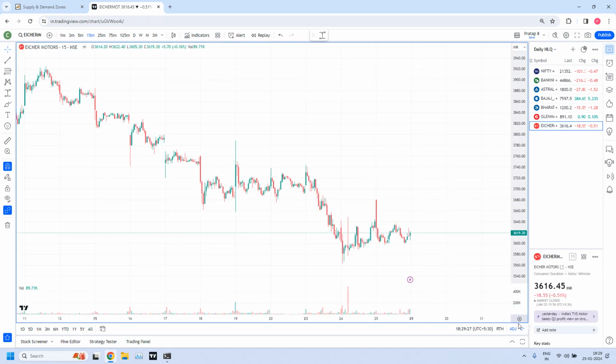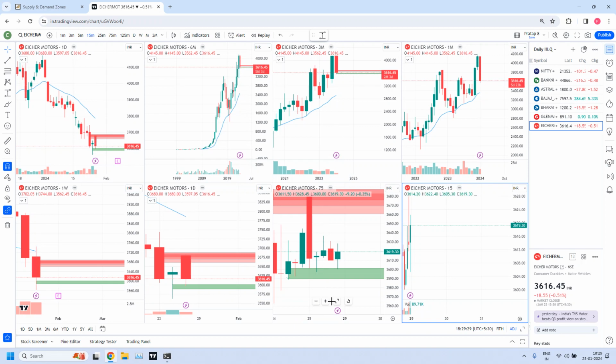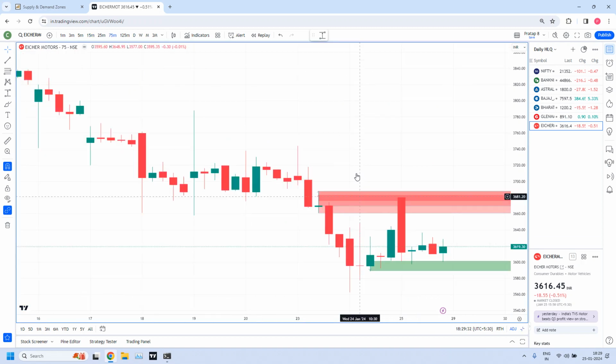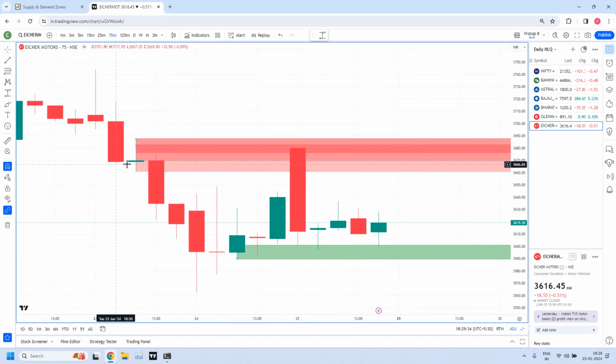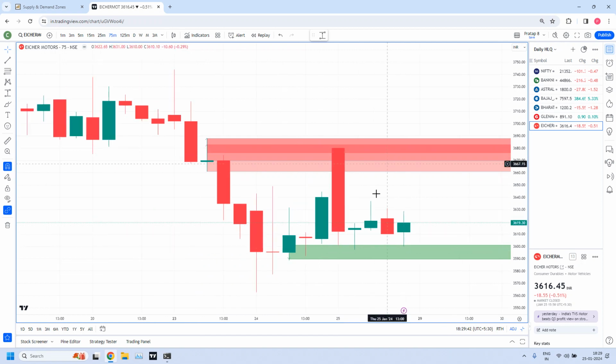Let me show you the 75-minute zone first. This is the one, drop, base, drop. See, today prices started from here and then came down and finally reached the 15 minutes target. Let me show you how we fine-tuned. This is a 75 minutes high liquidity supply zone generated in our yesterday's report.